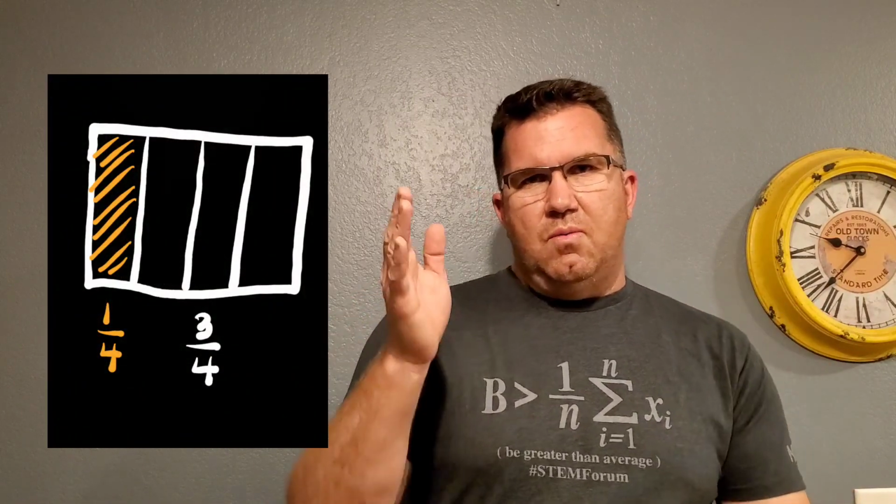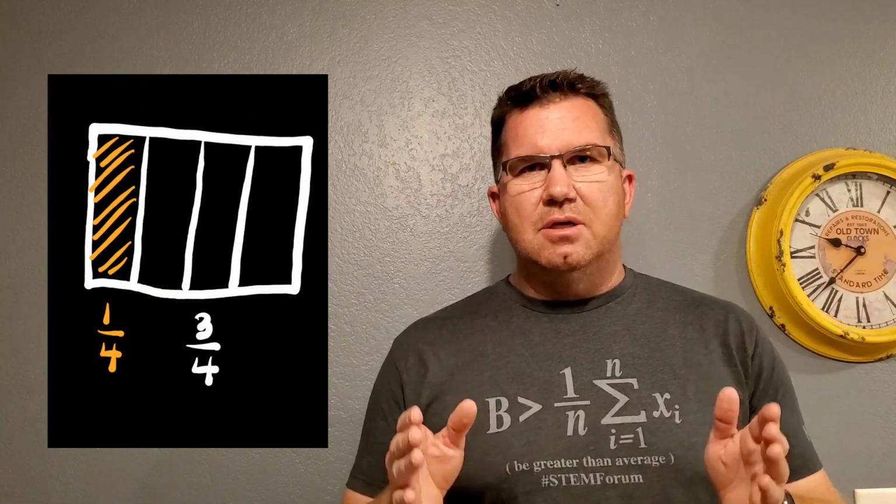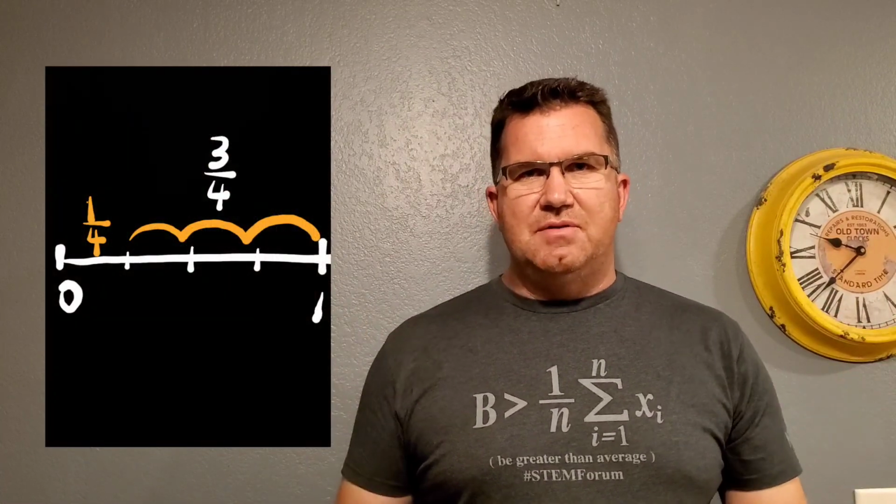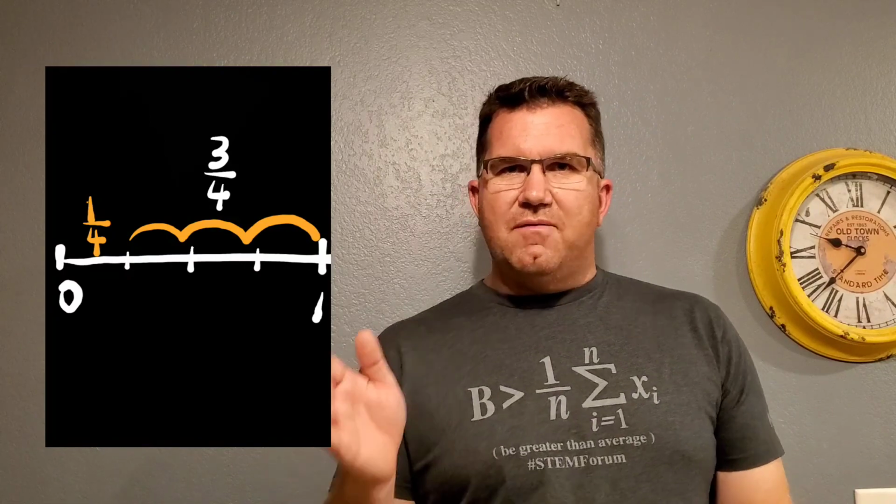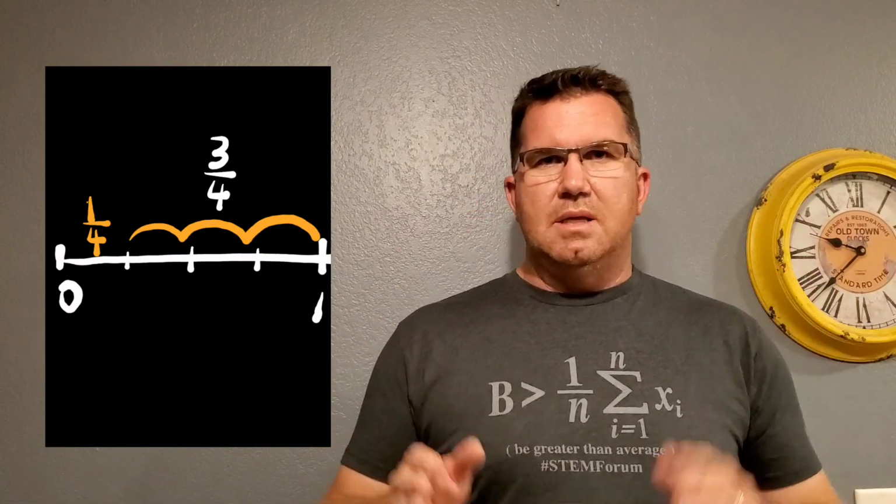that makes the whole. Now, the next part of fraction sense that we should be able to do is visualize what this all looks like. So, for example, if I said 1/4, the first thing that we should be able to do is draw a picture of what 1/4 looks like. Now, that might just be an image of a whole with 1/4 shaded in, or it could be a number line that we've started to draw, and we've moved 1/4 of the way from 0 to 1.